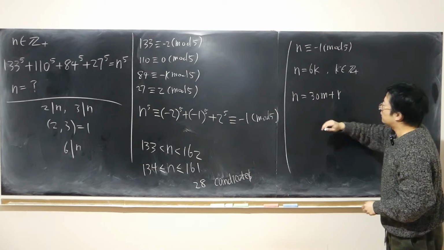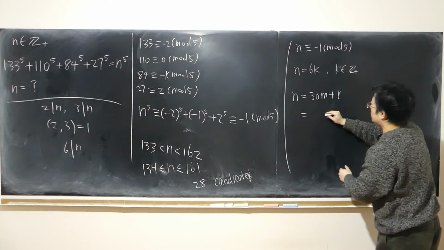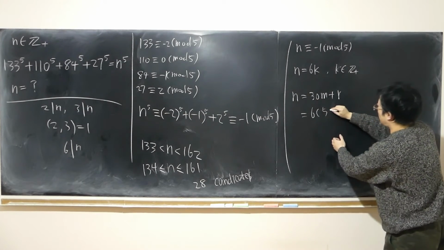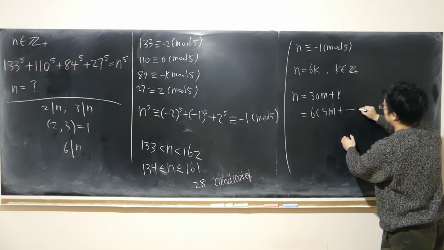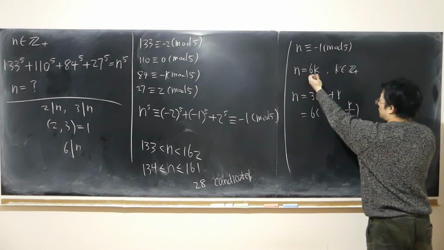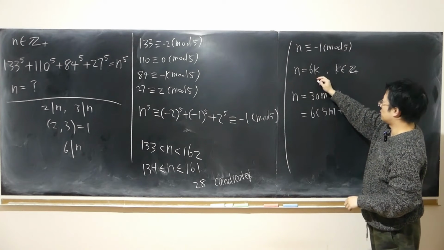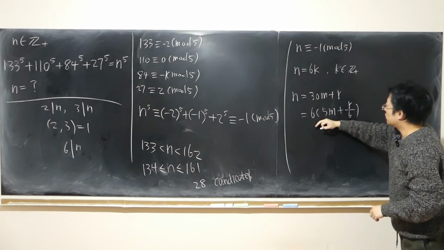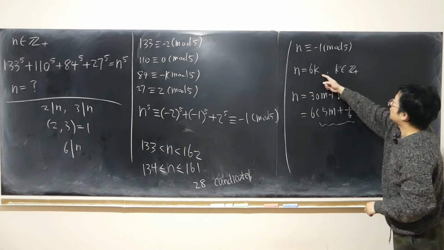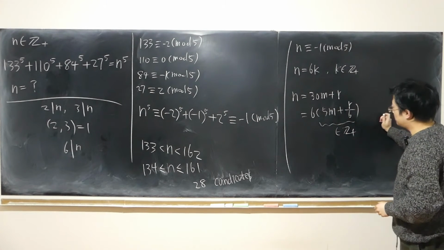So divided by 30. At the same time, if I factor out 6, it becomes 6 times (5m plus r over 6). And n, like I said, is divisible by 6, so n can be written as a multiple of 6, 6k. But it can also be written like this, 6 times that. Which means this must also be a positive integer.